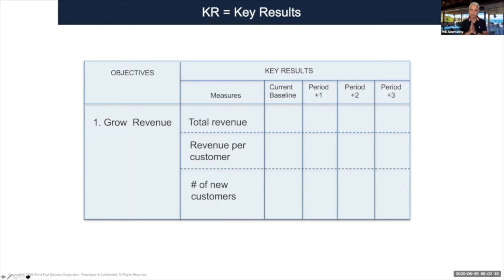And then you specify what is your current baseline. What is it for period 1, period 2, period 3? This could be a year. You could have 2021, 22, 23, or you can have it by quarter. Some people do, the first period would be the next quarter, and period number 2 would be the next year, or the current year, and the third one would be year plus 1.